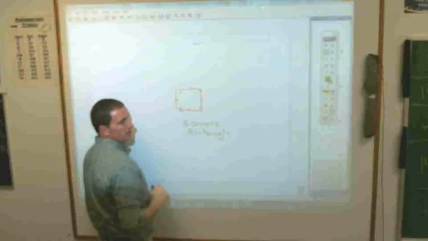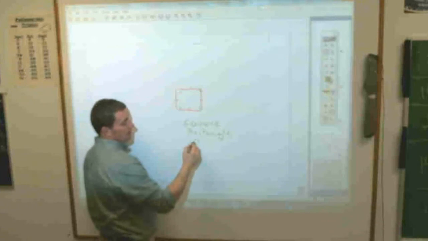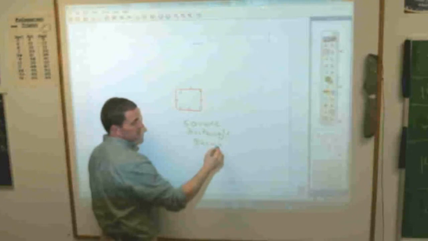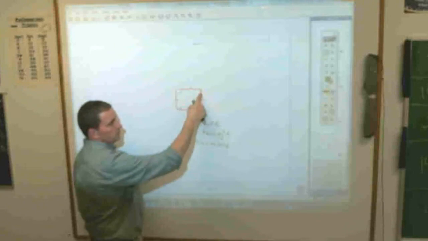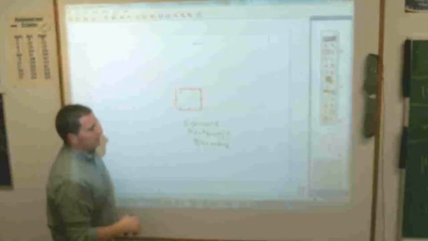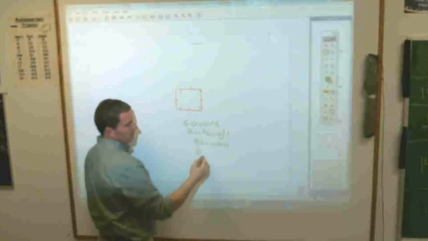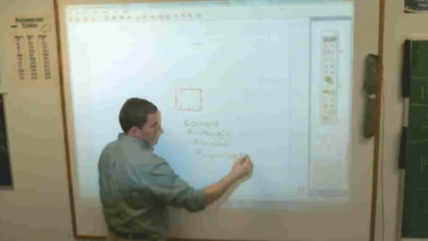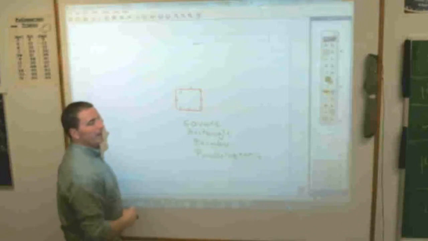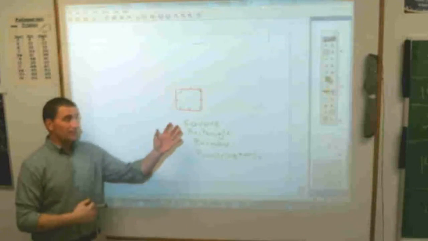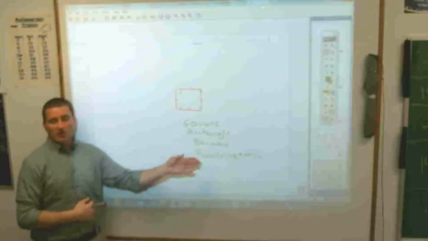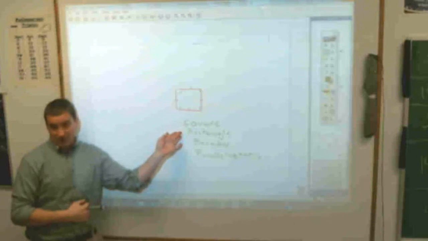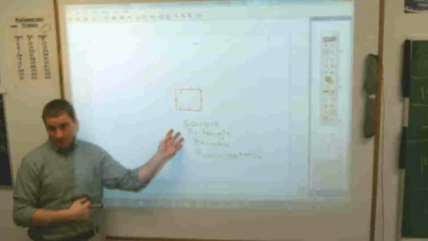All squares would also have to be a rhombus, because what's the definition of a rhombus? 4 equal sides. All squares are also parallelograms. So by exact definitions, a square could be any of those. We call it a square because we always use the most specific one so people know what we're talking about.